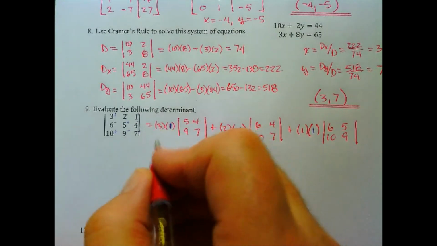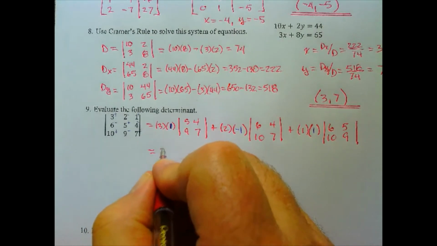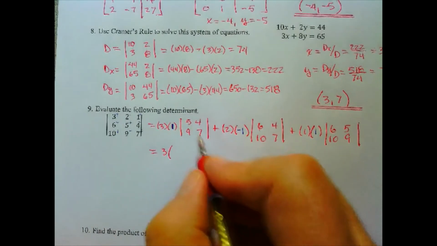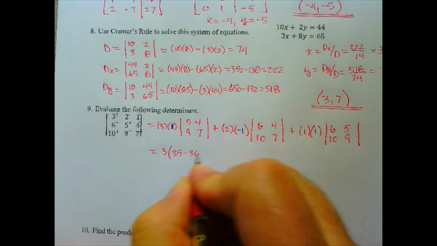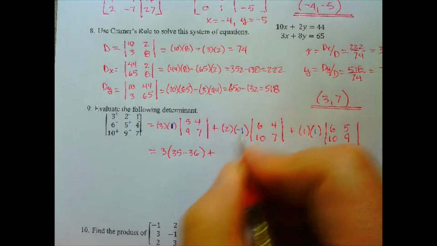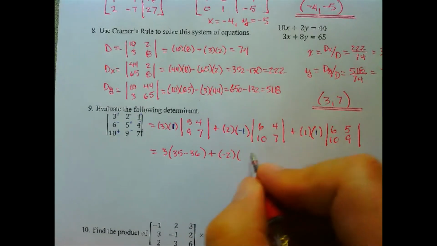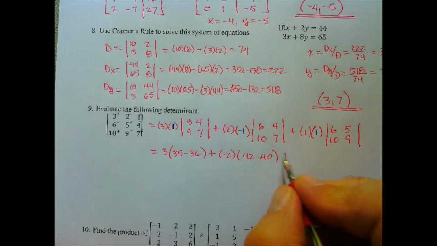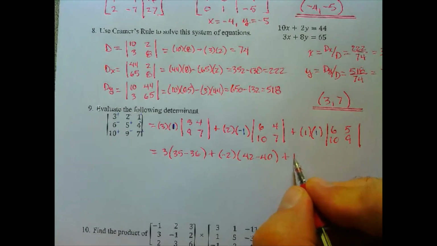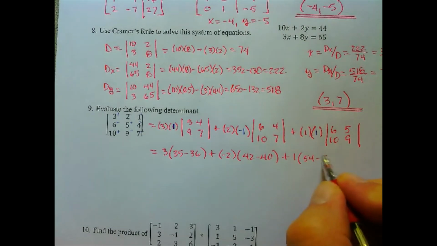Alright, so 3 times 1 would just be 3. Here, going this way, 35, subtract 36, that will give me a negative 2, times 42, subtract 40, and then the last one, I'll have a 1, times 54, subtract 50.